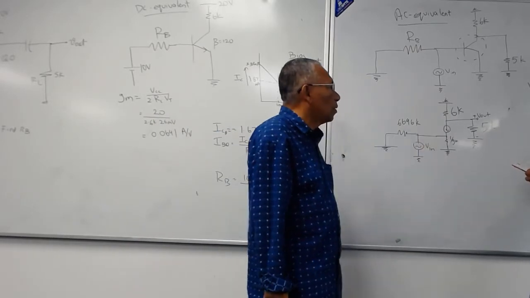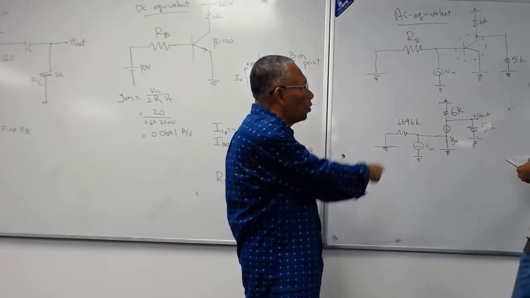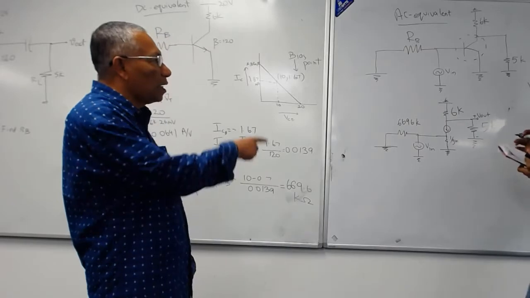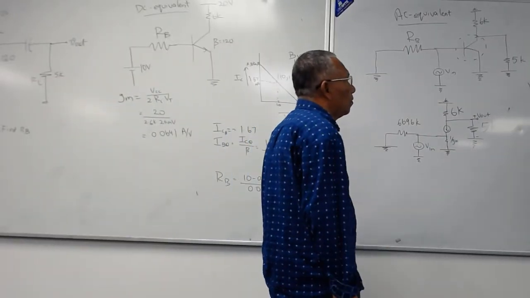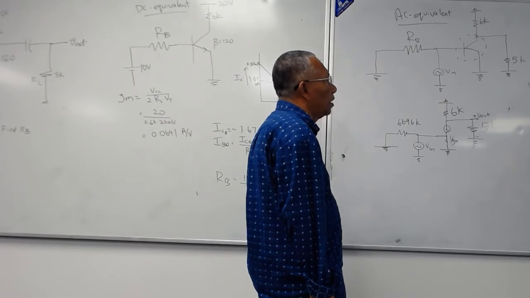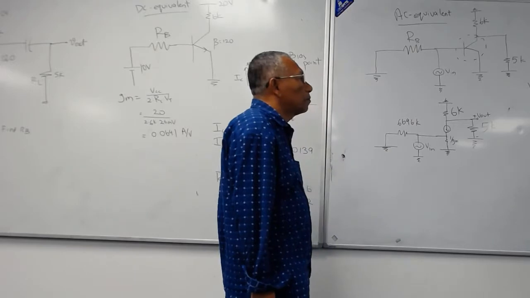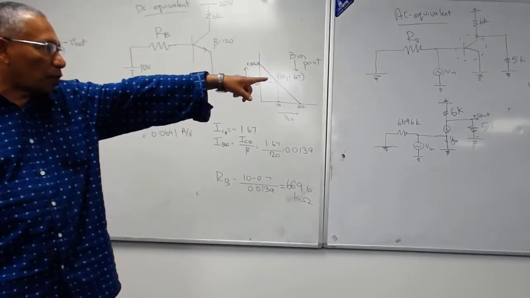Now write your voltage gain equal to V out divided by V in. V out equals that on the top.